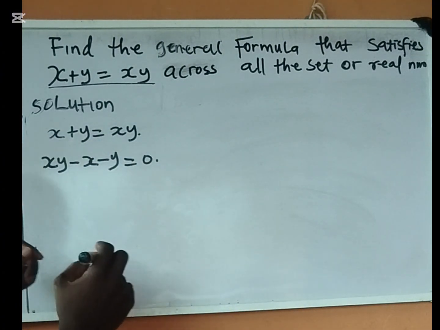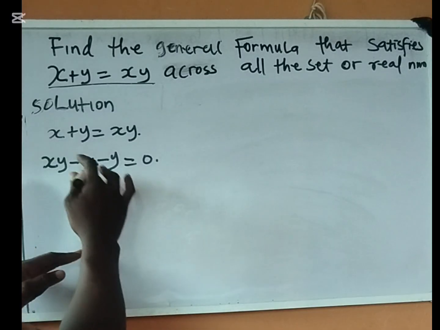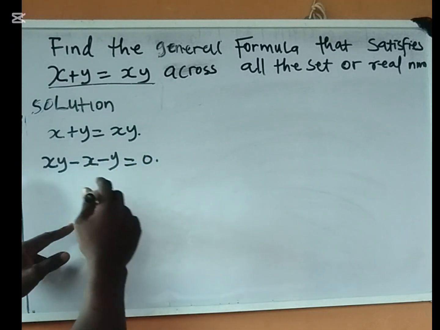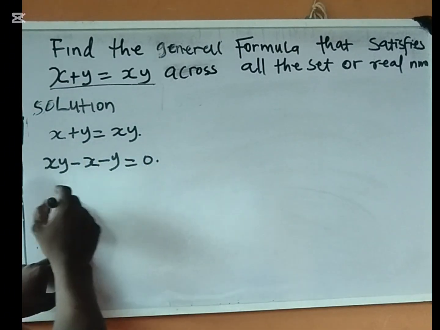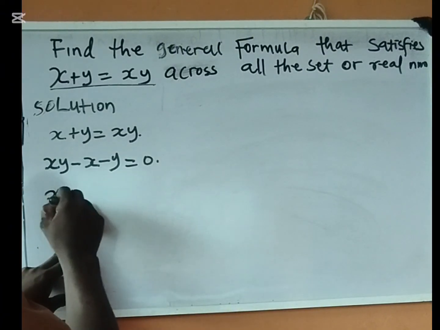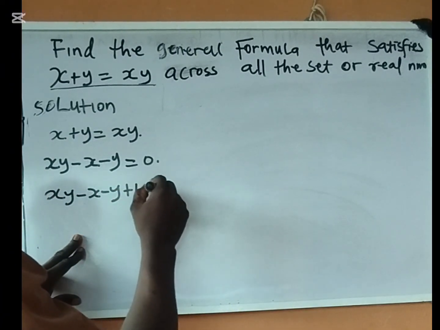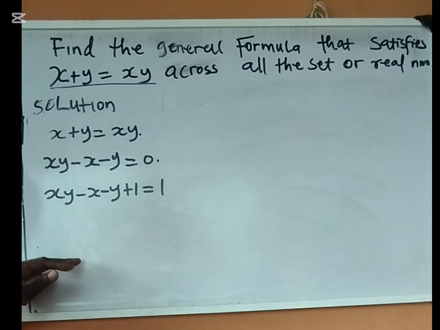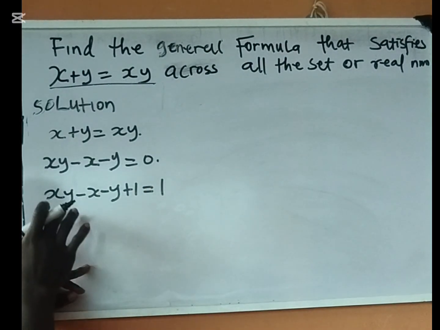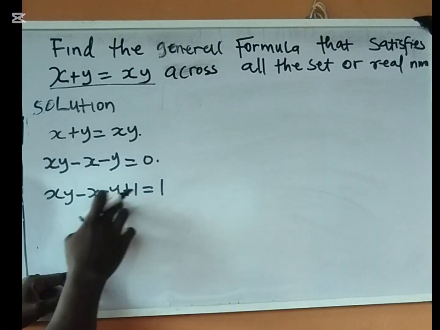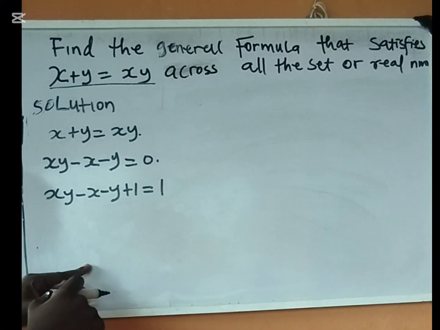At this point, I want to add 1 to both sides, and it becomes xy minus x minus y plus 1 is equal to 1.